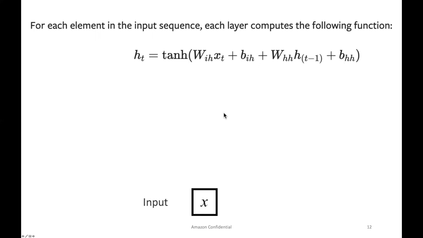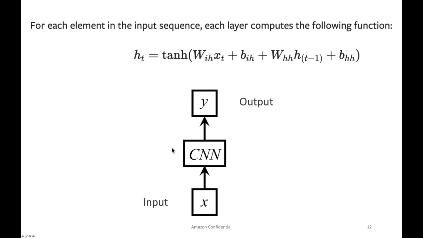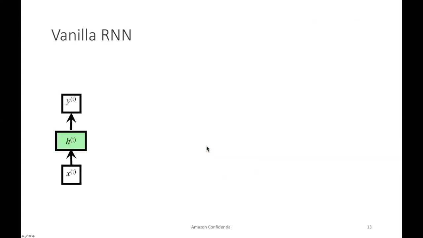So the RNN receives an input xt at any time, then it gives an output which is y here, which is ht at any point of time t. And in case of CNN, that is all you do. But in case of RNN, you have an input xt, you give the output yt, but there is also a feedback loop. Now let's look at how that feedback loop actually works.